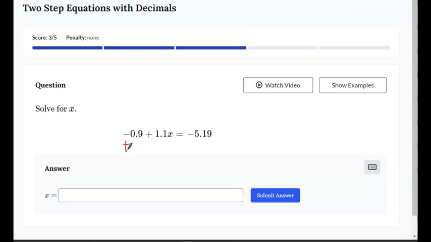First step is to clear the constant by adding 0.9 to both sides. Don't forget, when you're rewriting, to copy any subtraction or negative symbols that might be here.